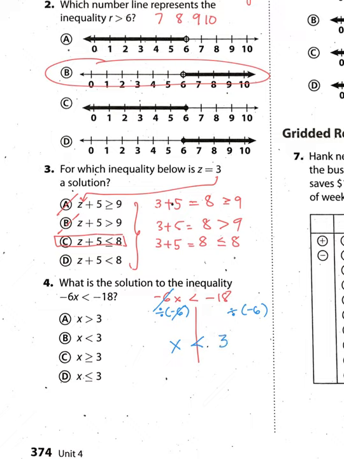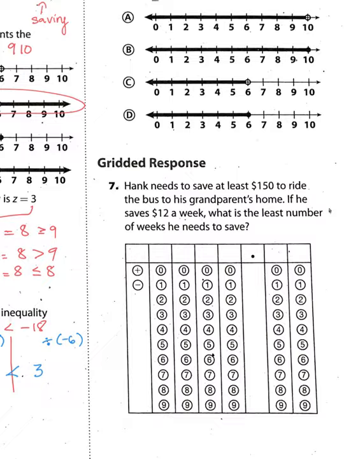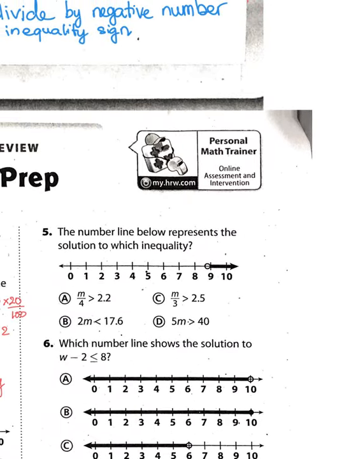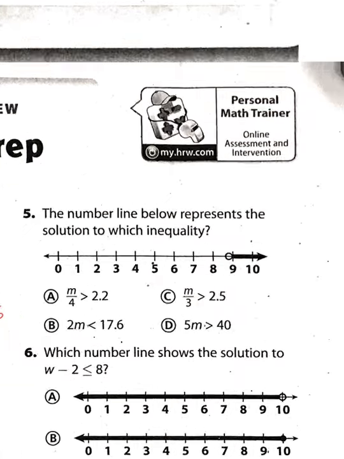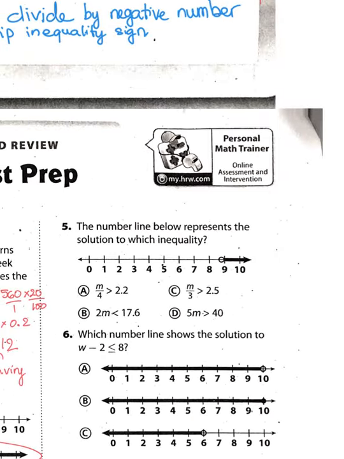Number 5. The number line below represents the solution to which inequality? It looks like it's really close to 9, but it's not 9, it's 8 point something, I believe. So we're going to find out which one that is. First we can eliminate B, because it's less than, this line goes to the right, so it can't be B, so you don't need to do the math with that. A, m over 4 greater than 2.2.